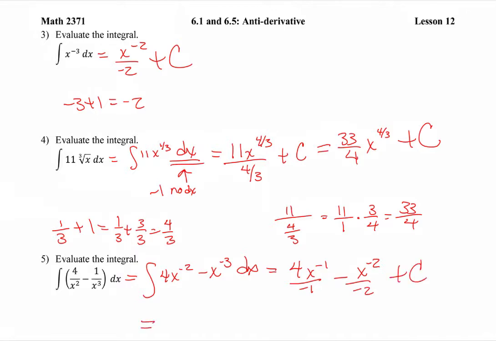So that equals minus 4 over x plus 1 over 2x squared plus c. Because it started out in the denominator, I have to end in the denominator. Okay?